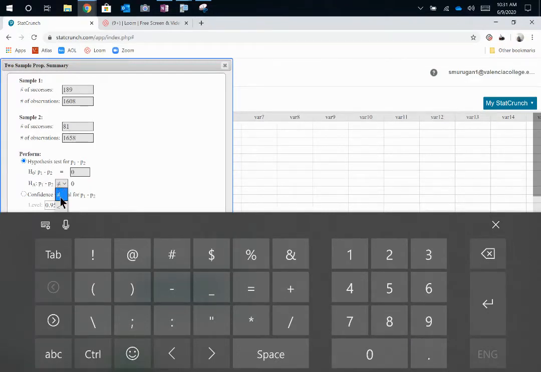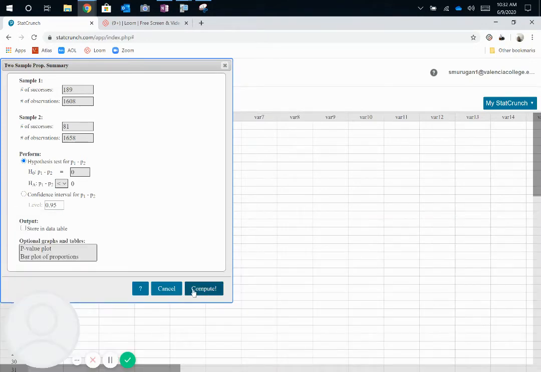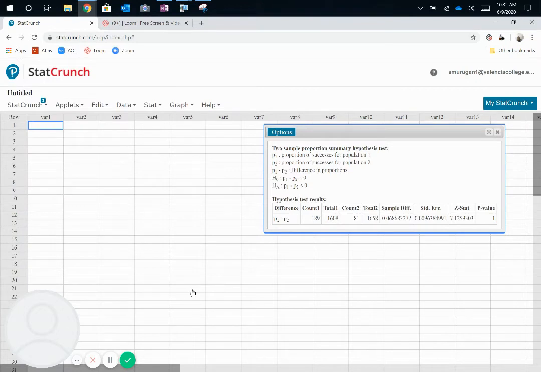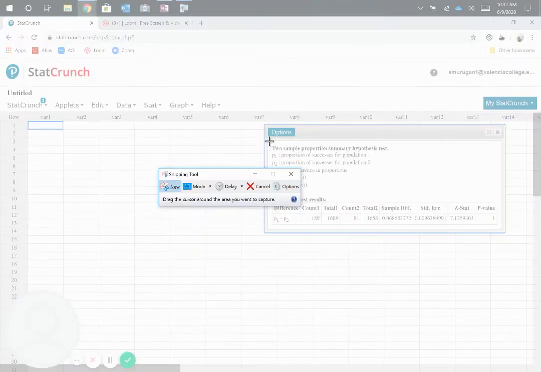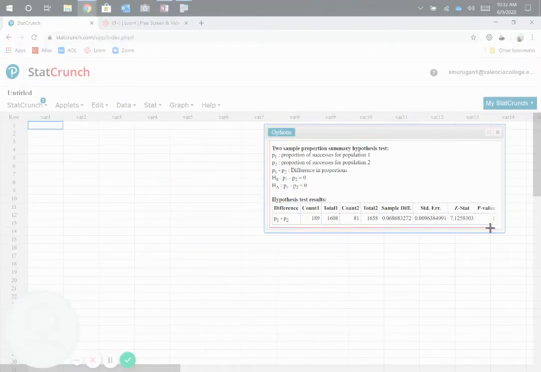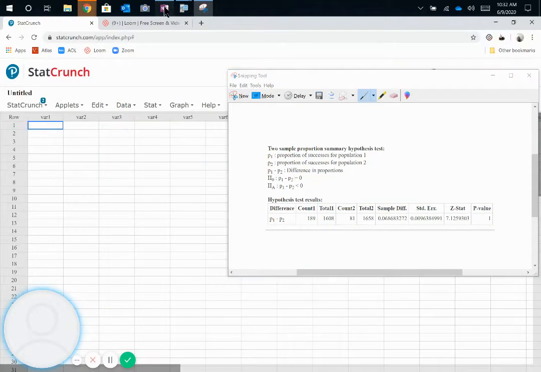Equal to and less than in this case. Okay. Compute. Snip. Put into our notes.